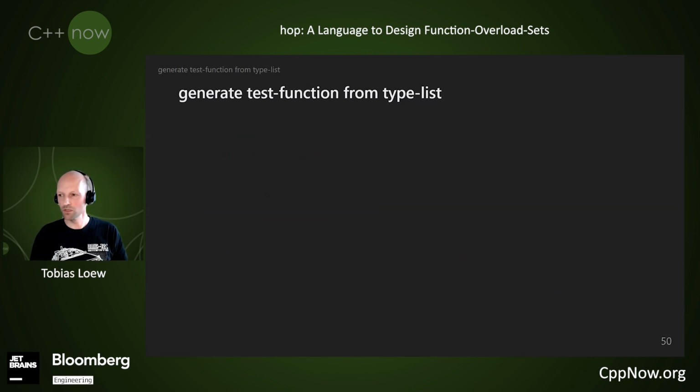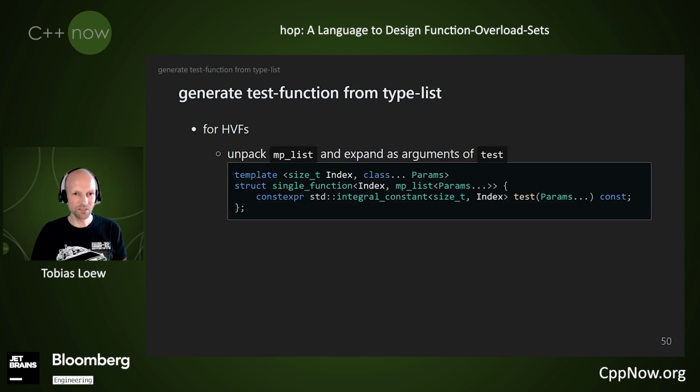So let's go to the third part of the homogeneous variadic function library. That's the generation of the test function. In that case, it was simply unpacking the MP list and expanding the parameters into the test function.